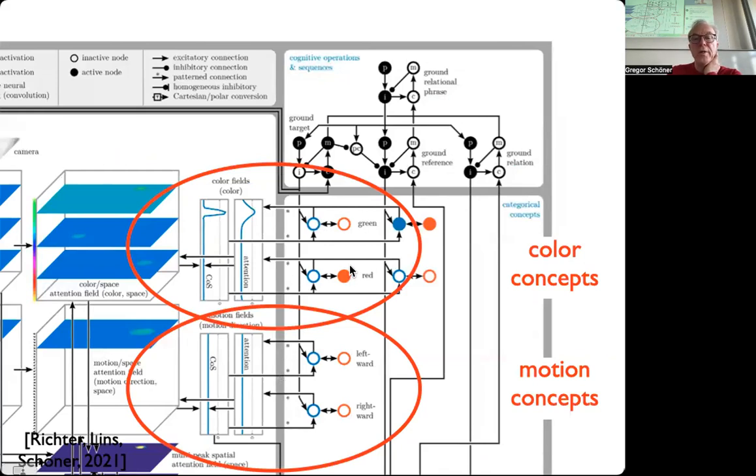So you have nodes for green and red and other things, and they project onto color fields that can make peaks in these. And again, there are two copies of that. One is the condition of satisfaction that I'll explain next week. And so that controls these inputs. And again, it's reciprocal. You can also say that the object at that location is read by going in the reverse direction. And then similar for movement, you can say something is moving leftward and put that into the motion field and vice versa.